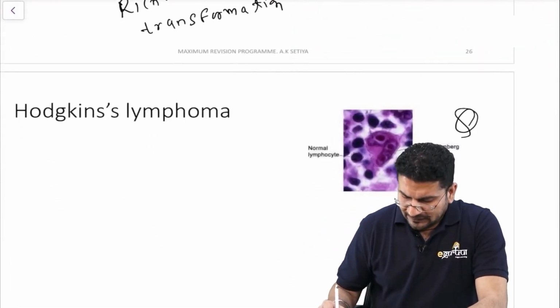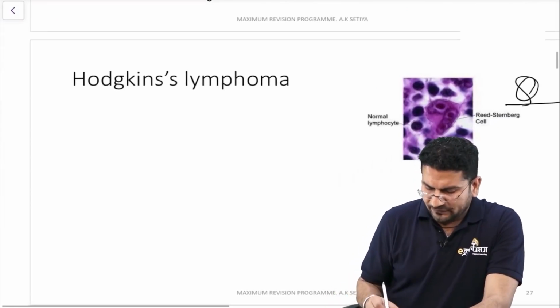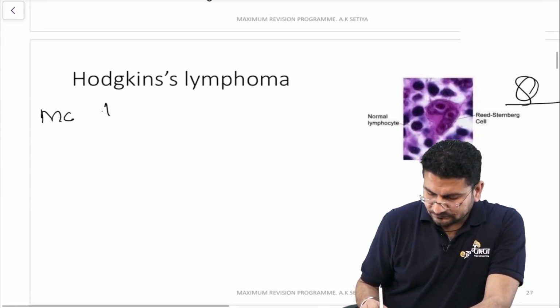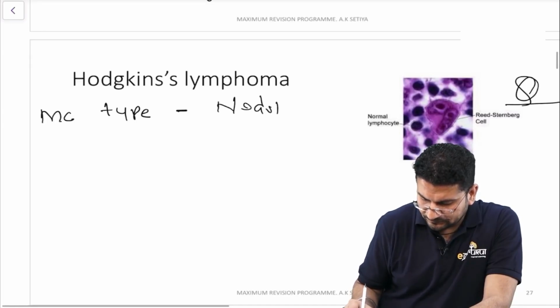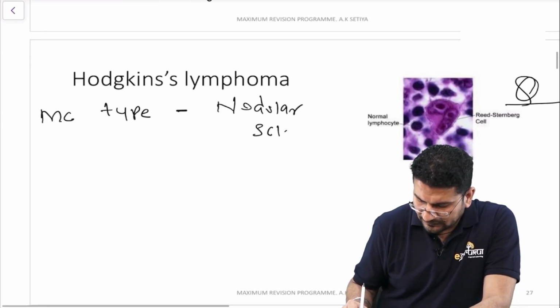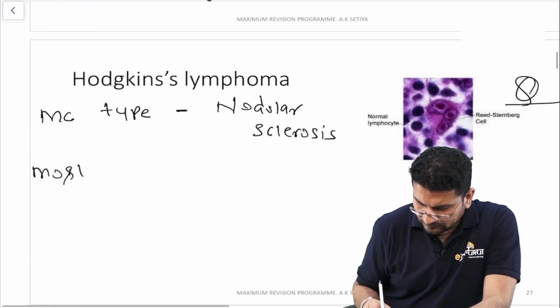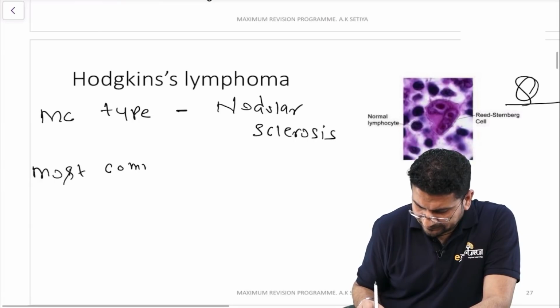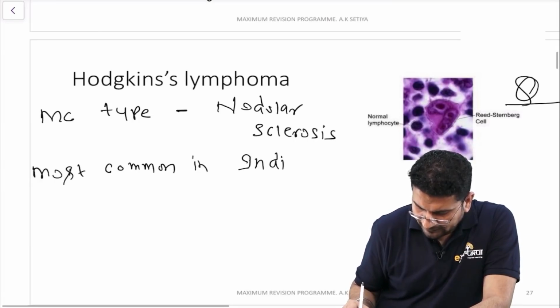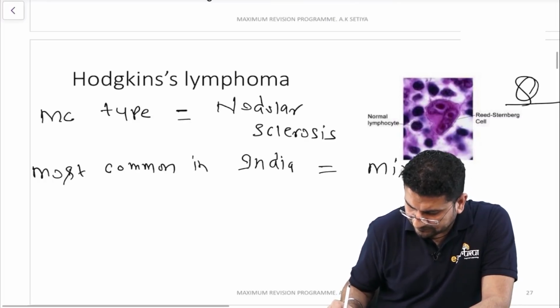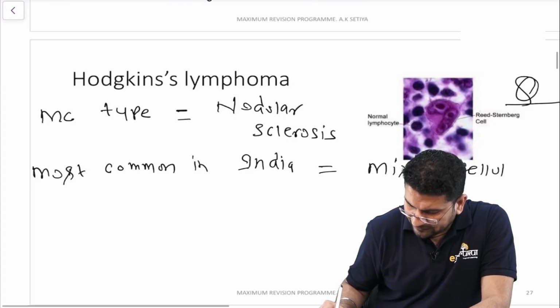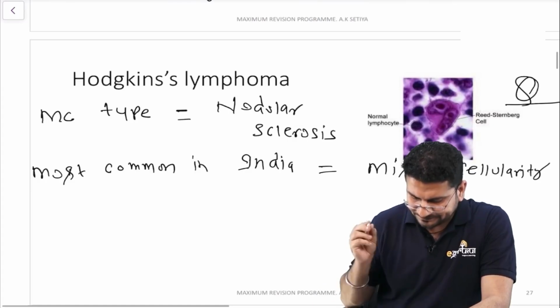In histopathology you will see classical Reed-Sternberg cells in Hodgkin lymphoma. If I say the most common type overall, it is nodular sclerosis. The most common in India is mixed cellularity.